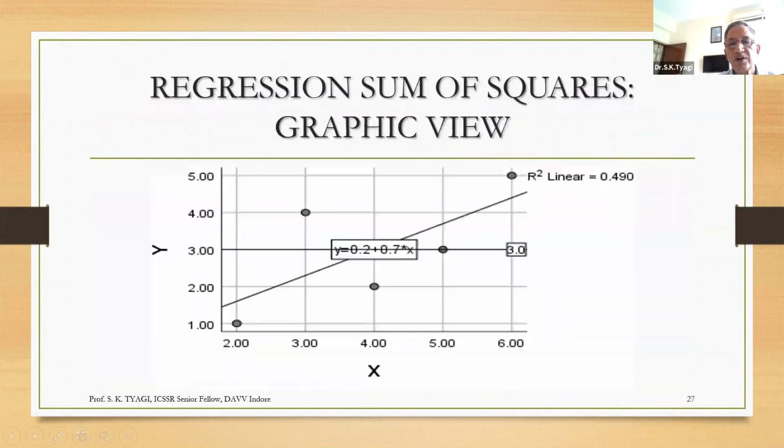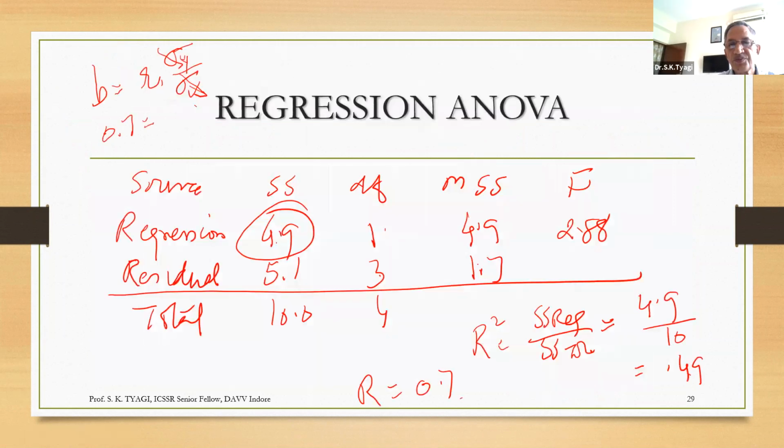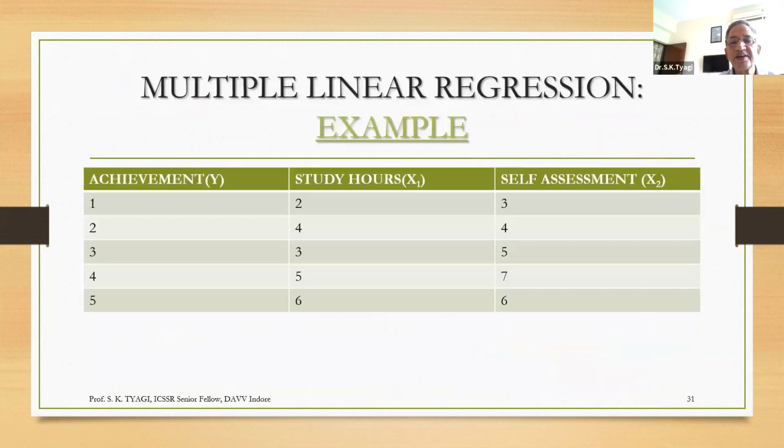Now, next is the multiple linear regression situation, and the calculations here are very, very lengthy. So you need just one session for calculating. Fortunately, we need not do everything once again because we have understood the concept.